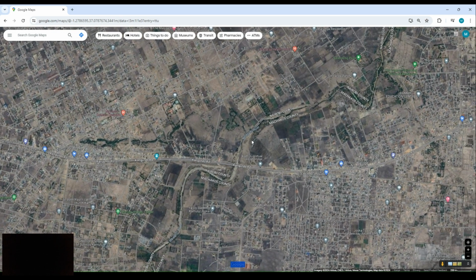And on this other side, you have the JKIA junction, and you can actually see the Mbagathi River taking its course. And you can actually see there's another tributary on this side, very small, but it comes and also joins the Mbagathi River.